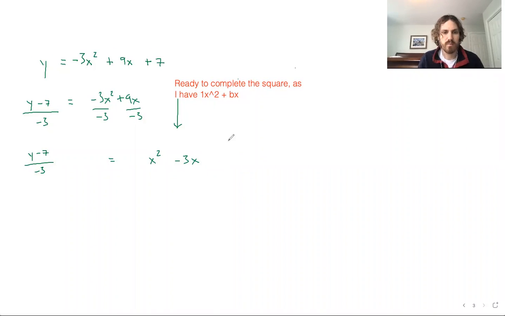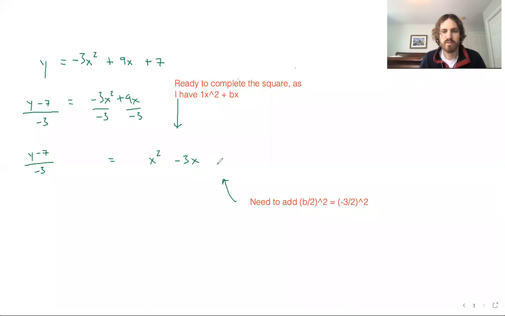So to complete the square, I need to add b over 2 all squared. In this case, that is -3 over 2 all squared. Okay, so that's what I'm going to do to complete the square.